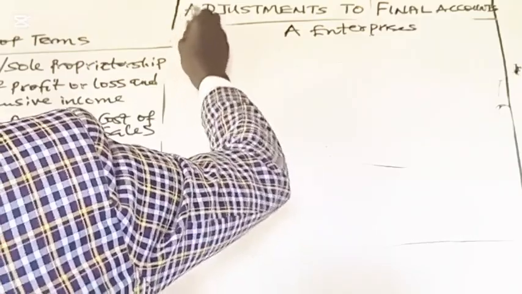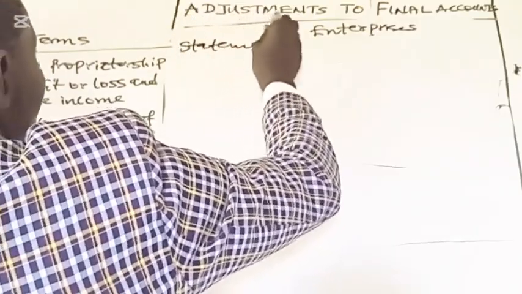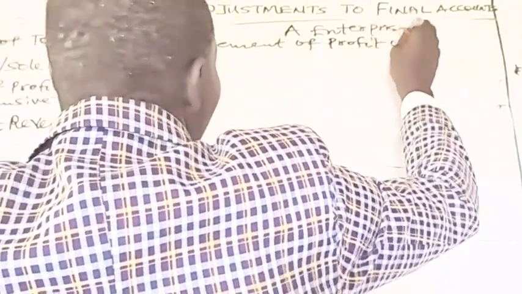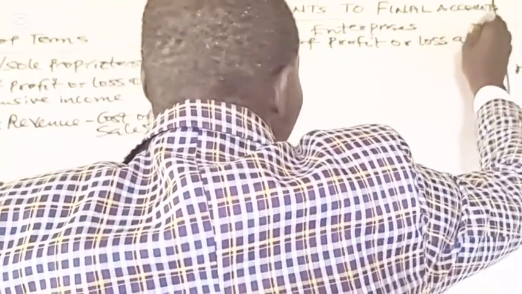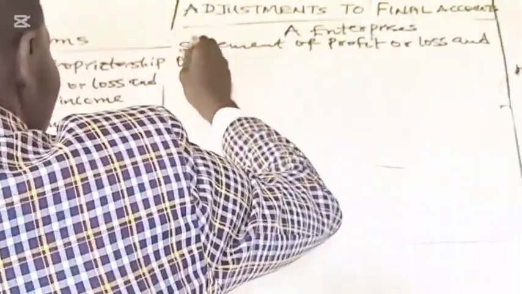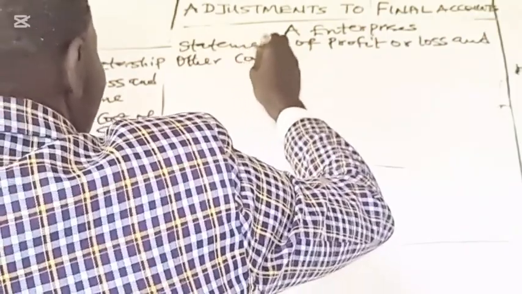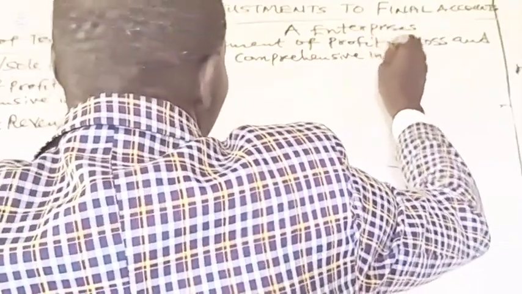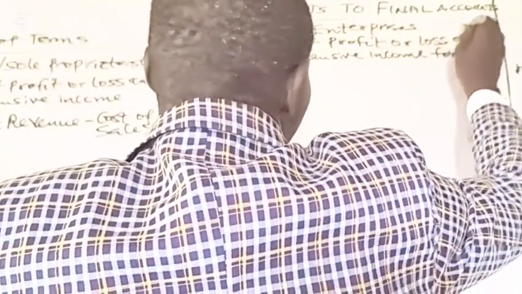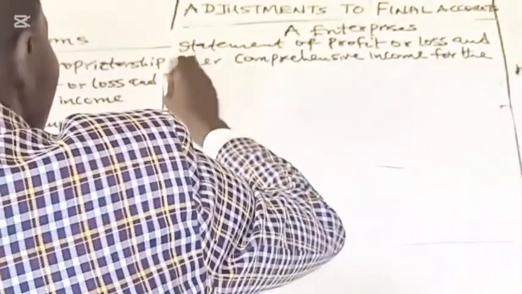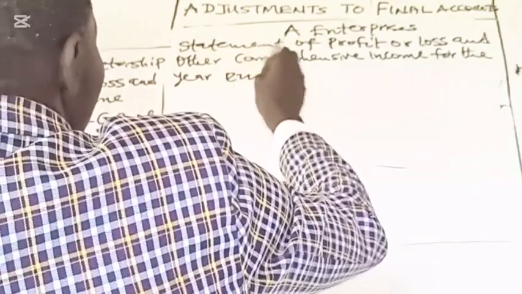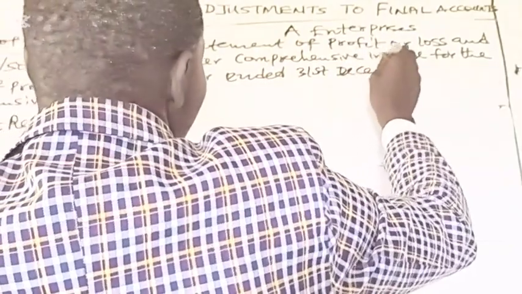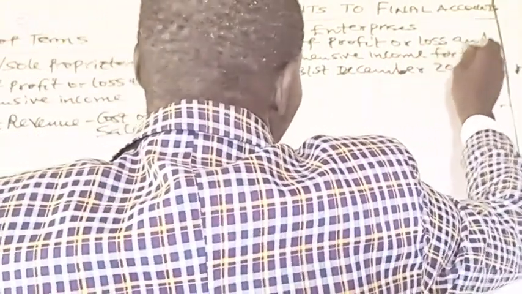Then we have statement of profit or loss and other comprehensive income for the year ended, you put the year end. Let's assume it is 31st December 20XX.